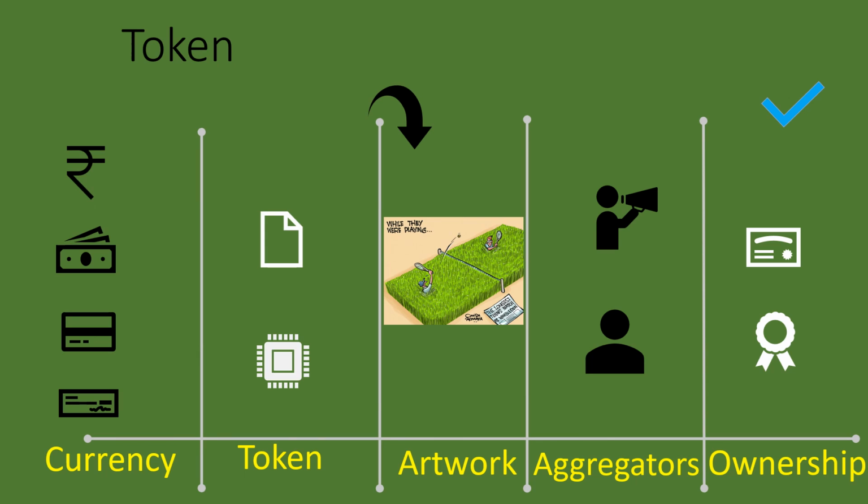We have physical currency in fiat form being converted to tokens or digital bits. These digital bits are auctioned to own a digital asset. Aggregators will collect, resell, and trade these assets, which we call NFT, and their ownerships are recorded in blockchain.